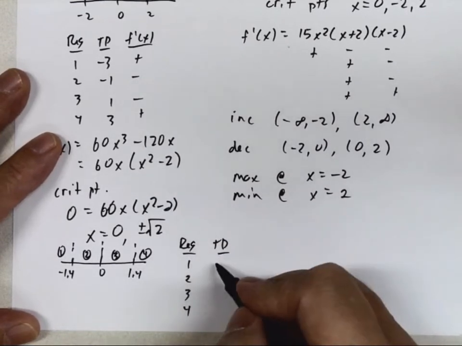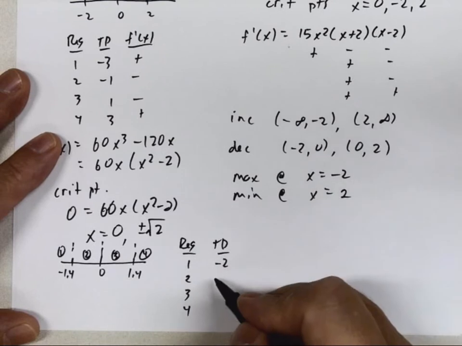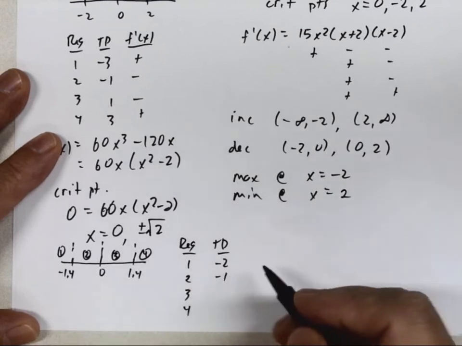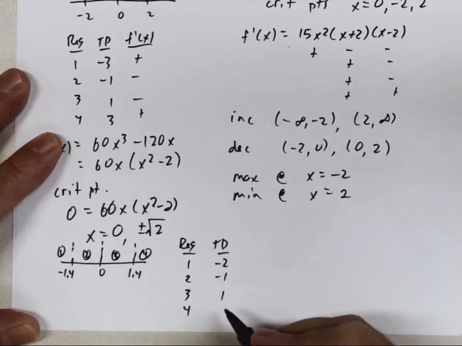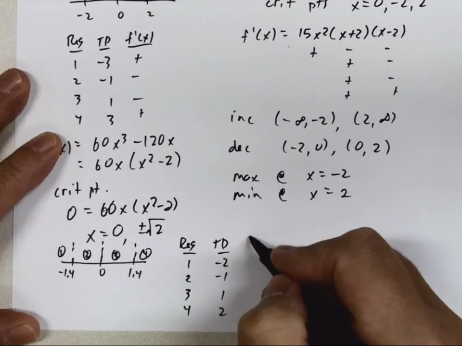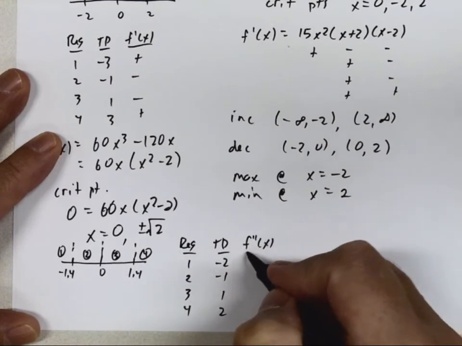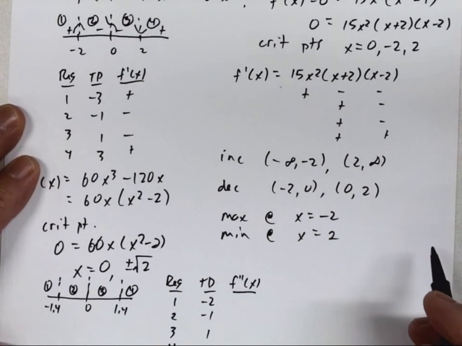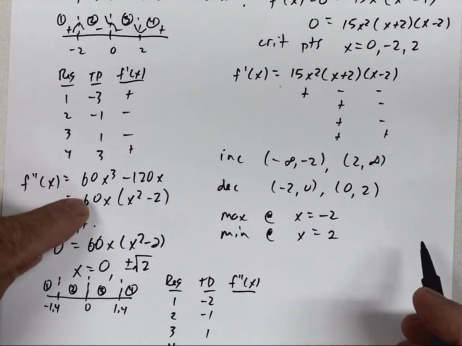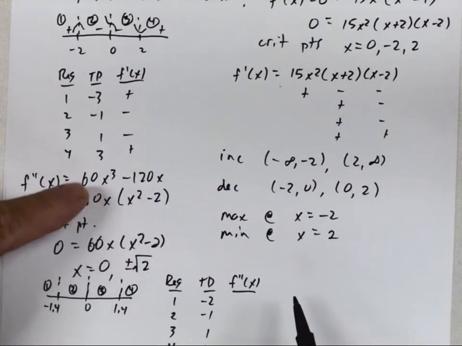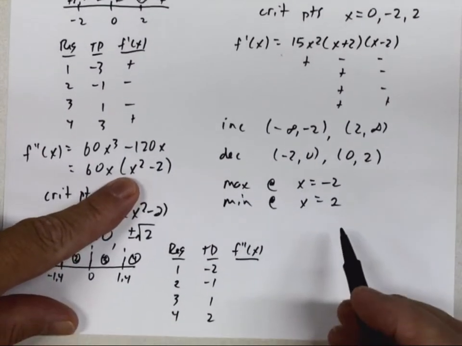Test points: region 1, how about negative 2? Region 2, how about negative 1? Region 3 is 1. Region 4 will be 2. Going to get the sign of my second derivative, which is actually this right here.